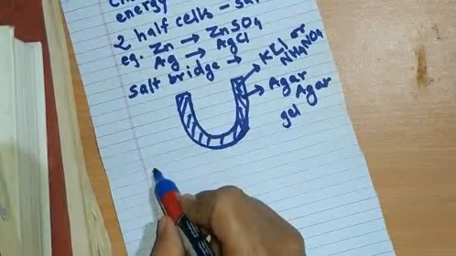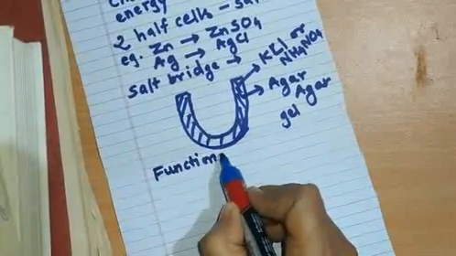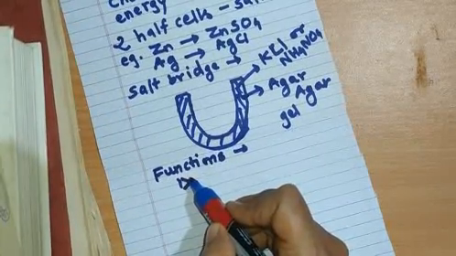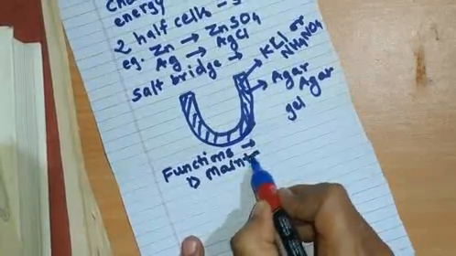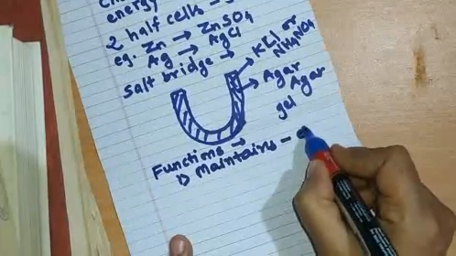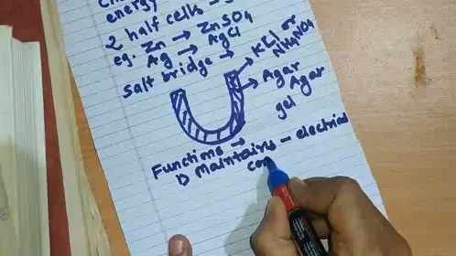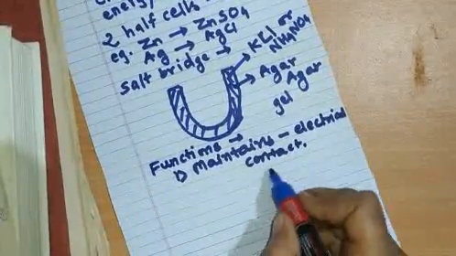Then what is the function of the salt bridge? The first function of the salt bridge is that it maintains electrical contact between the two half cells, and it completes the circuit.